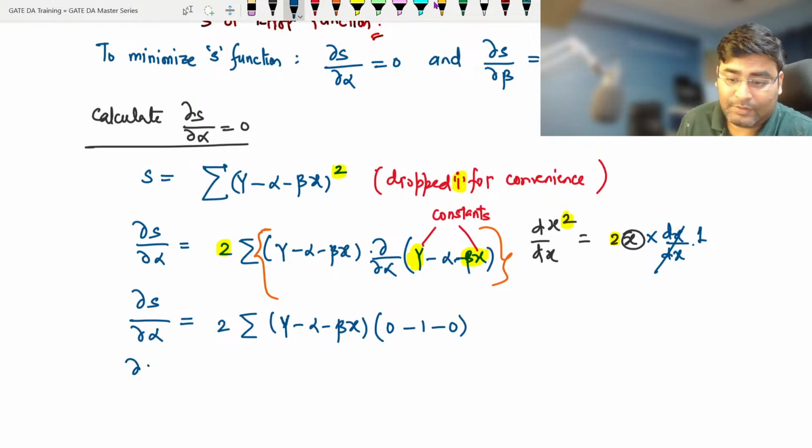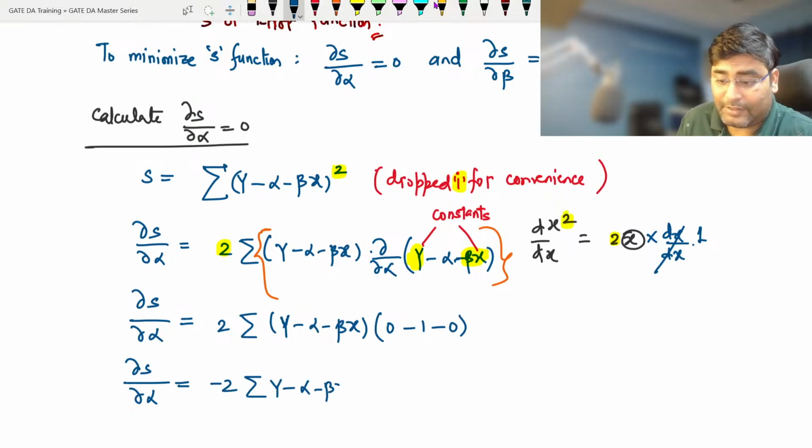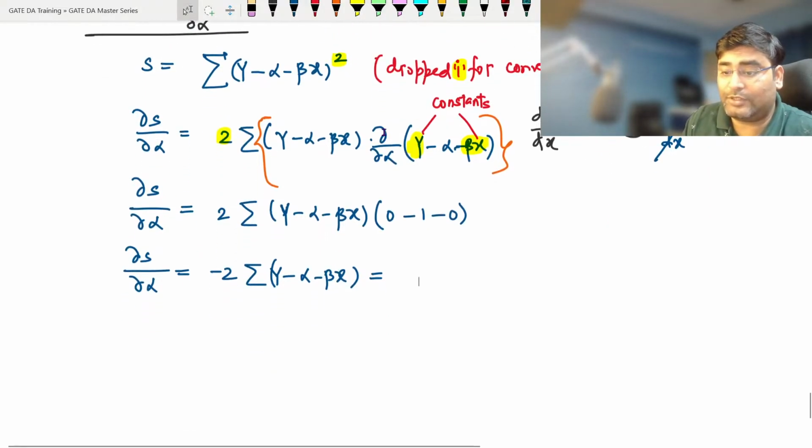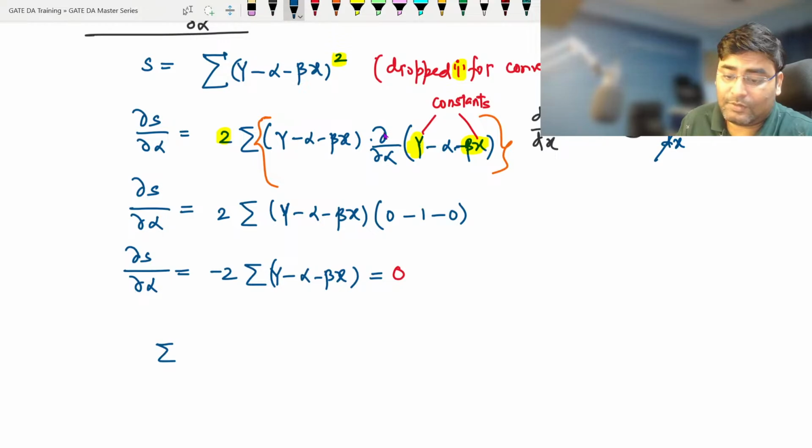Super easy. So ds by d alpha is how much? This minus will come out: minus 2 sigma, y minus alpha minus beta x. Before you operate the sigma, why don't you just make it equal to 0, because the end objective is to make it equal to 0. So finally it will become sigma (y minus alpha minus beta x) equal to 0.